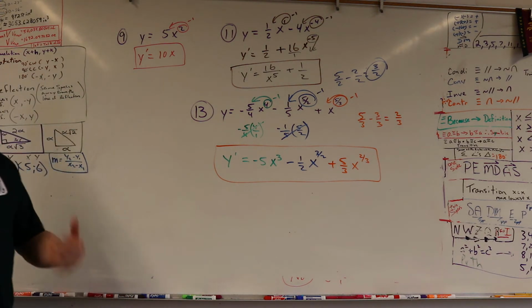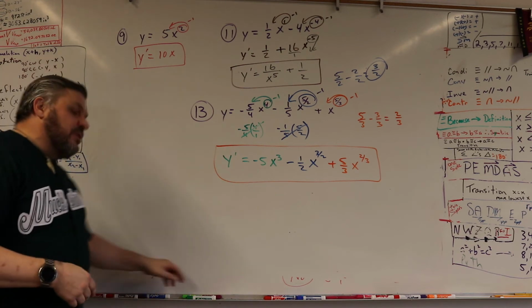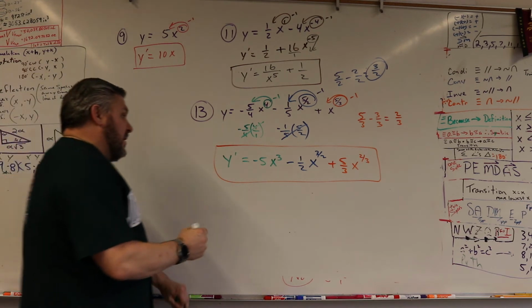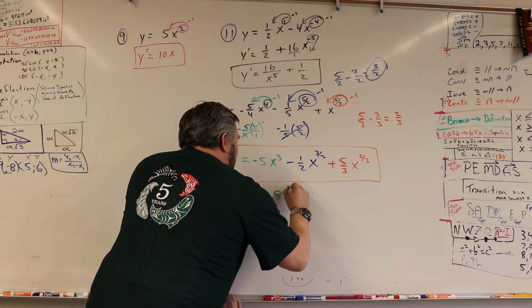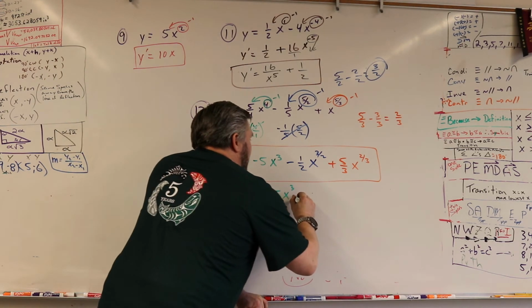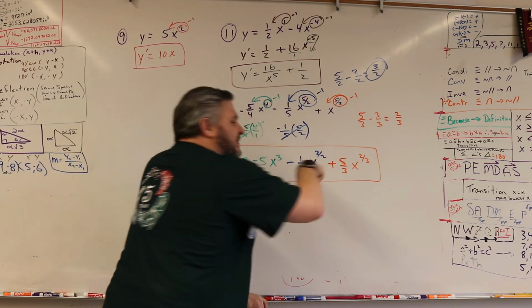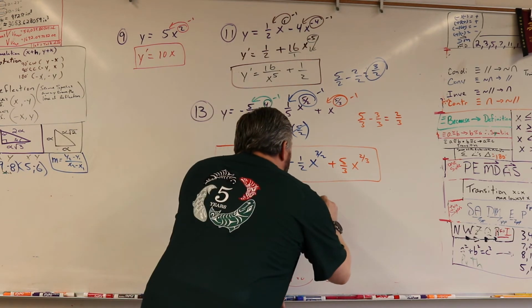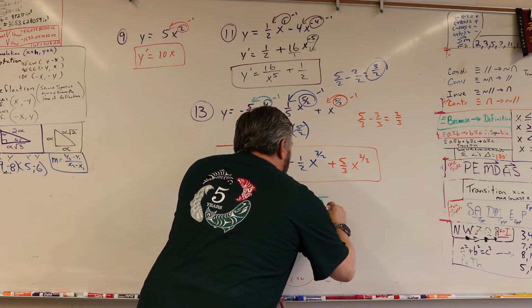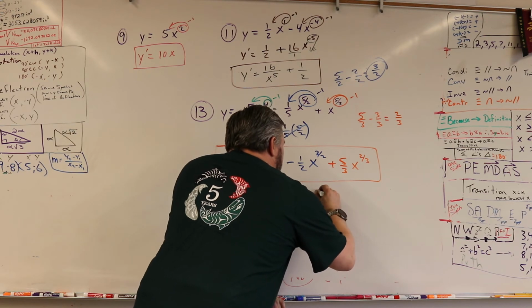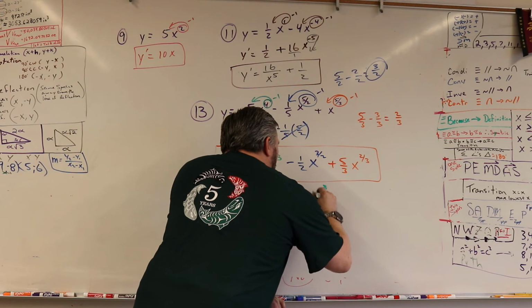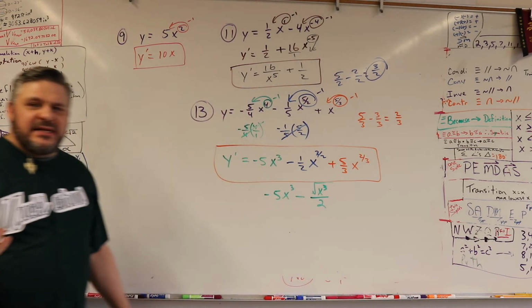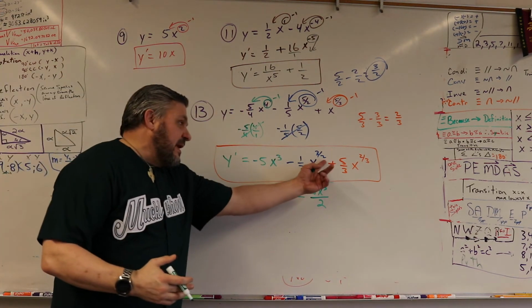Now, if you wanted to write this in a radical form, then this would be written as minus 5x cubed, right? Now you never have a radical in the bottom, right? So this would be over 2, and this would be x cubed, square rooted. Does that make sense? The square root comes from that square.